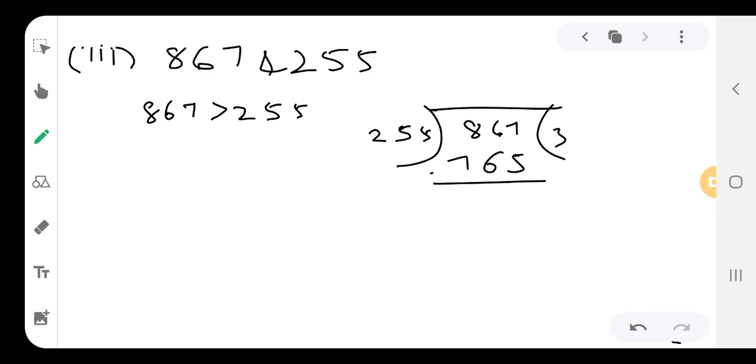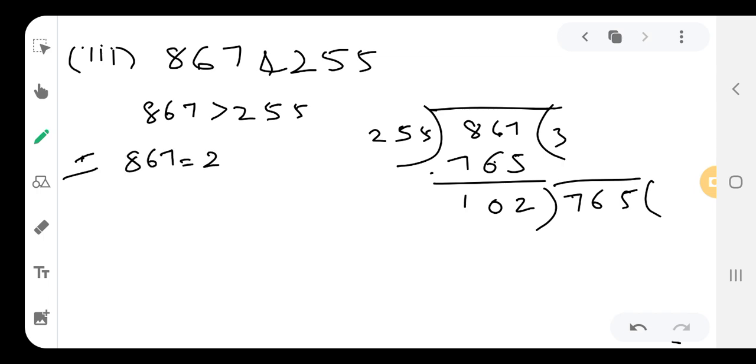So what remainder will you get? 102. Now this becomes the dividend, 765. You write down here. So the first step, what will you get? 867 equals 255 times 3 plus 102.